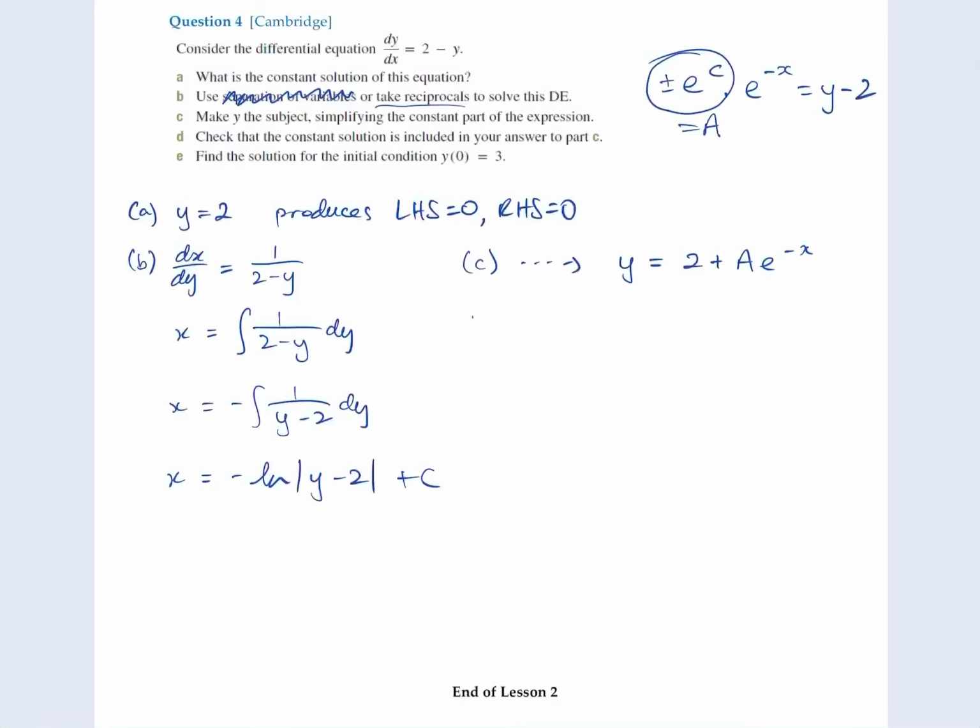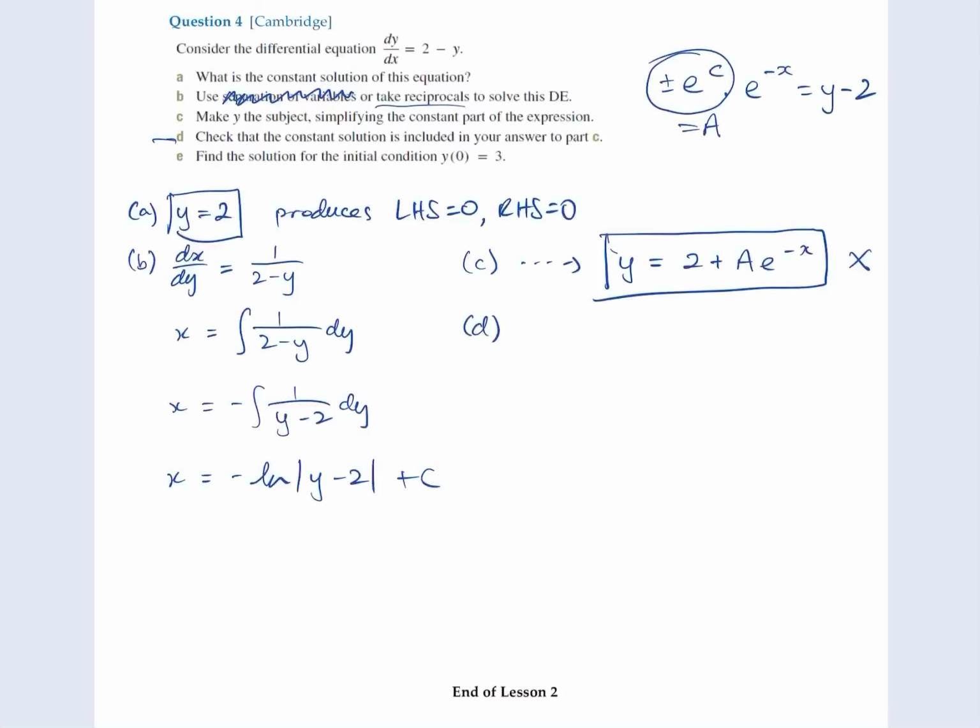Now D, what does it say? Check that the constant solution is included in your answer to part C. Ooh, you've got me. Here I was thinking this is the answer, and I'm done and I can move on. But we found a constant solution earlier on, which is not covered by this.